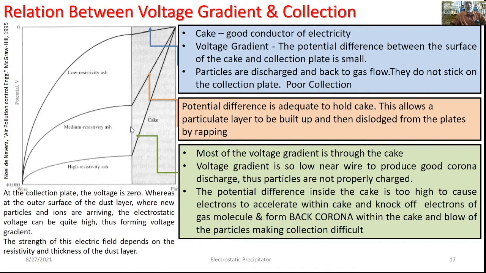Thus, over this depth of the cake, there is a formation of voltage gradient. So, the strength of the electric field depends on the resistivity and the thickness of this cake. Let's consider 3 different cases.